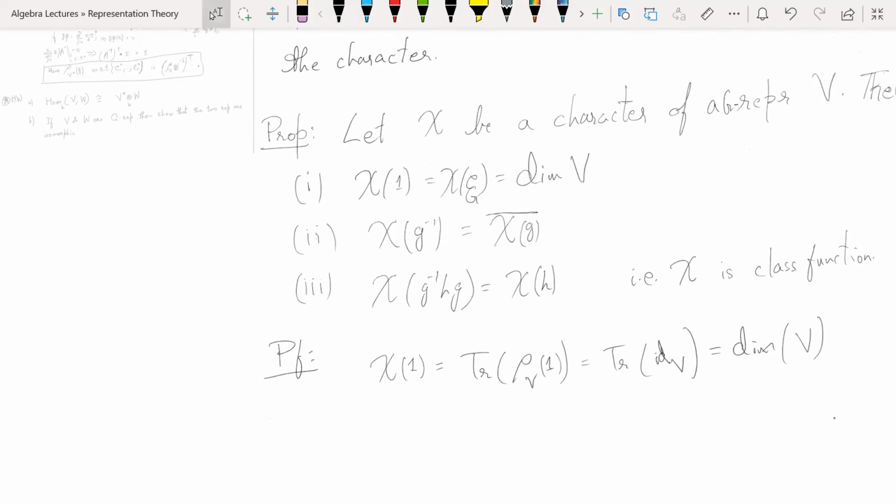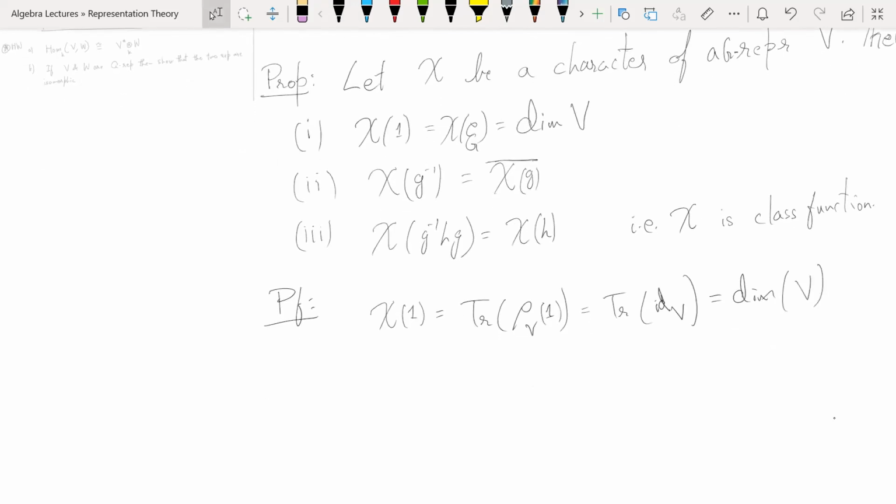How about g inverse? I hope I can do all this from memory. I wasn't sure if I'd reach here. Chi of g inverse is by definition the trace of rho of g inverse.